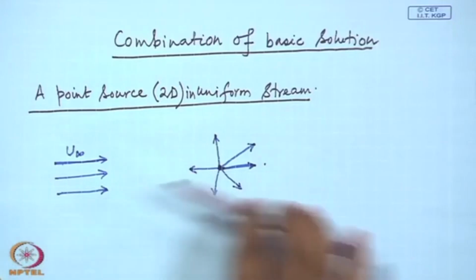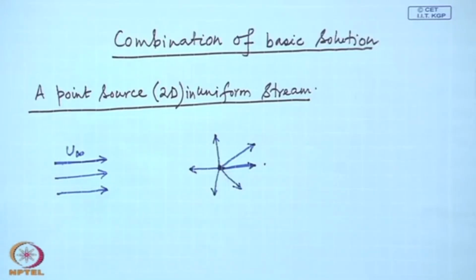The flow is coming out from the source in all directions radially. The flow which is going to the left will of course be opposed by this uniform stream, but the flow which is going to the right will be supplemented by the uniform stream. First of all, let us write the potential.